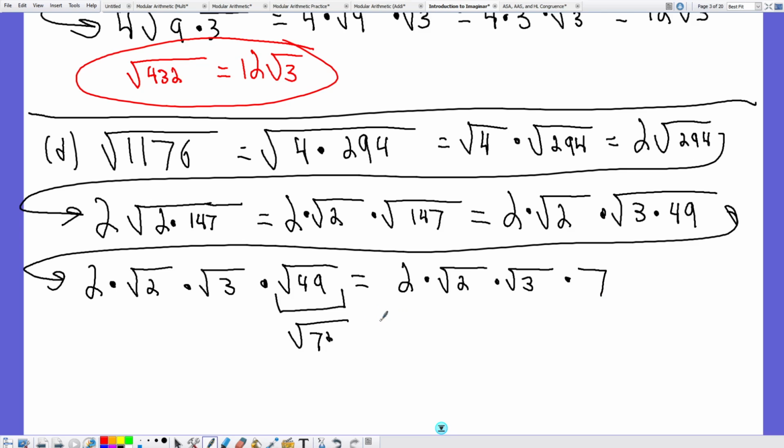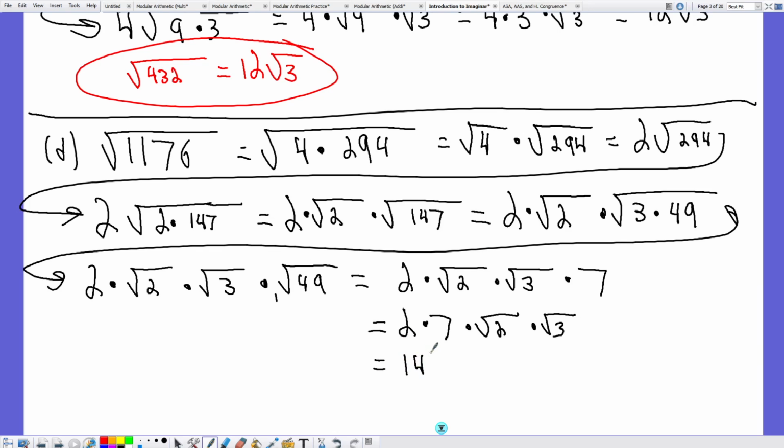Then from there, what I'm going to do is group together my whole numbers together. So 2 times 7 are going to go together. And then I'm going to have my square roots together. 2 times square root of 2 times square root of 3. 2 times 7 is 14. And like we've shown previously, we can combine these together.